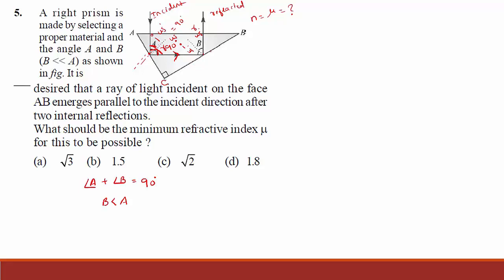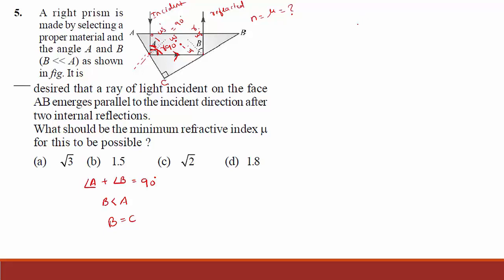For the minimum value of refractive index, this B can be infinitesimally greater than C. So we can take B equal to C. C means here the critical angle.